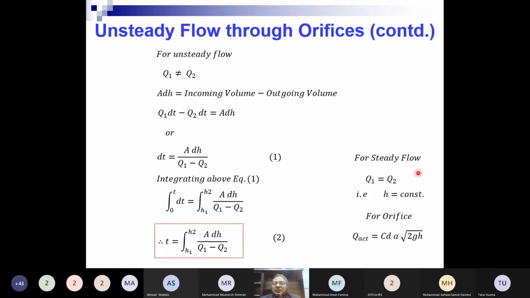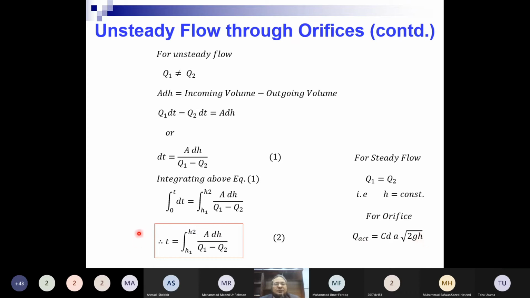But you know, for a steady flow, Q1 is equal to Q2 because H remains constant. And for the actual discharge, we can easily compute Cd A root of 2gH because H is constant. Computing time is very easy if the flow is steady.